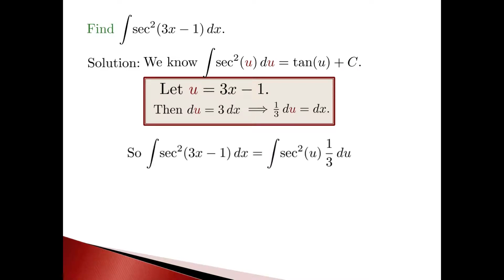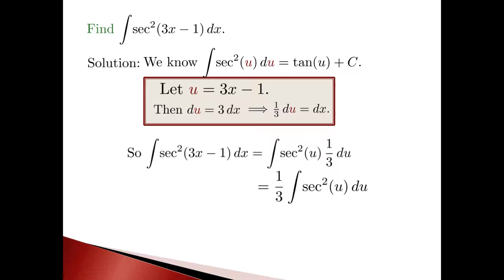Now I just plug that back in, and secant squared of 3x minus 1 dx becomes secant squared of u. That's just substituting in my stuff. The dx turns into 1/3 du. That's perfect. I can take that 1/3, drag it outside the integral so it's out of my way, and that leaves me with a third, and then an integral of secant squared of u, du.